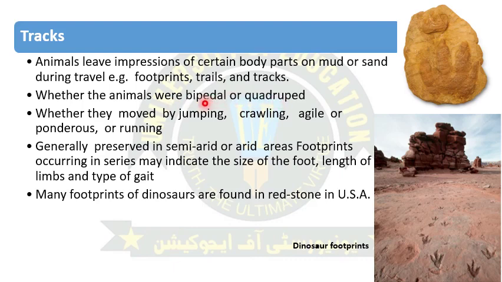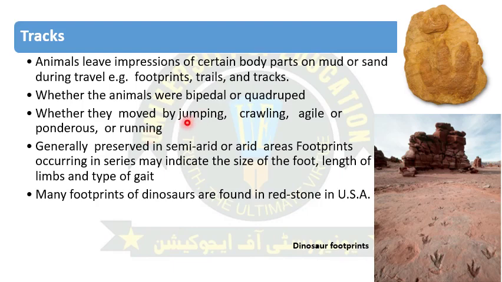Quadruped means it walks on 4 legs, bipedal on 2. So it can indicate the mode of locomotion. It also indicates whether they moved by jumping, crawling, agile, or ponderous, or running. It can tell how the organism moved.